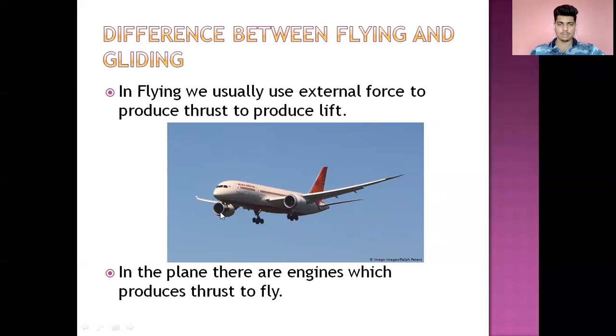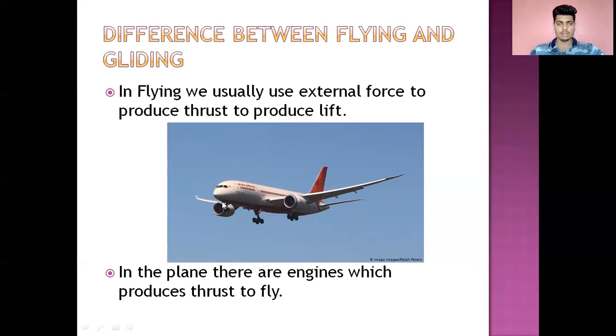These are the wheels and these are the engines. These engines usually produce thrust, and then using the rudder, sorry, using these rear wings, you can tilt the direction of the wing wherever you want to go, like upward or downward.